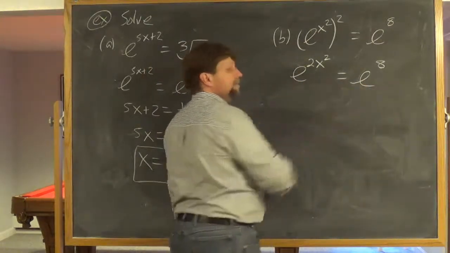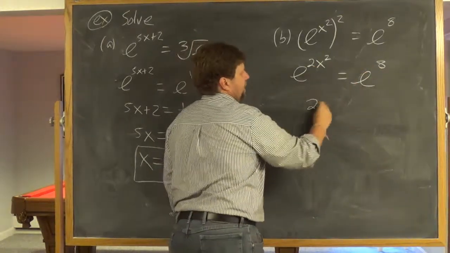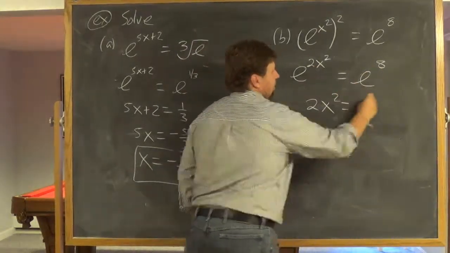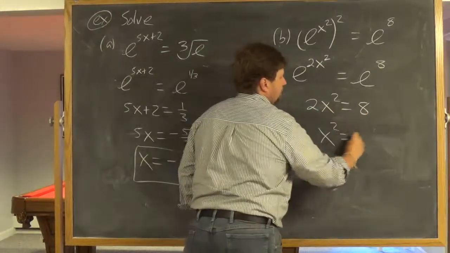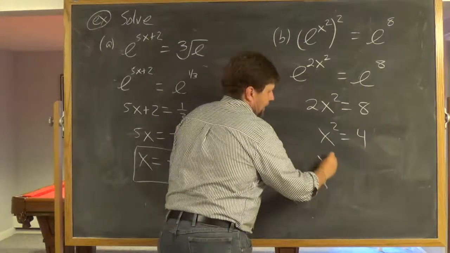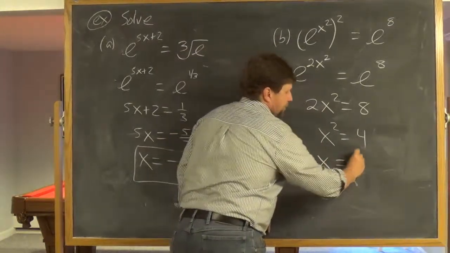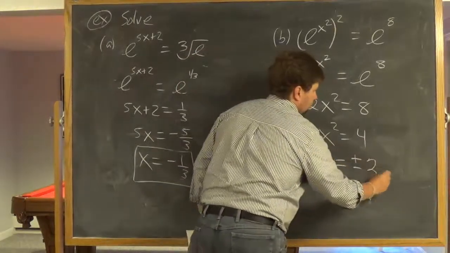For this equation to be true, these exponents must be equal. So we just go ahead and set the exponents equal to each other, divide both sides by 2, and take the square root of both sides. And remember, when you take the square root, you have to insert a plus or minus, and the square root of 4 is 2.